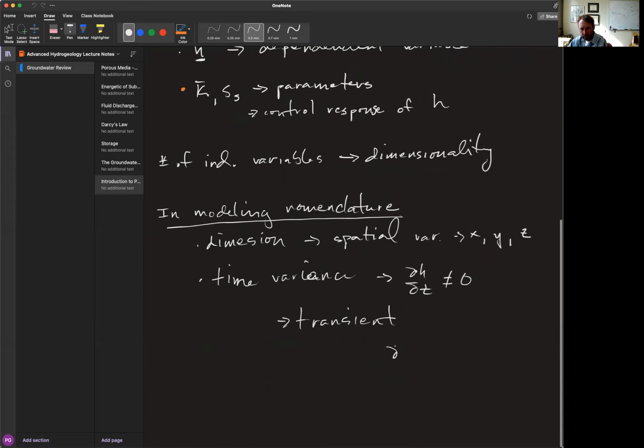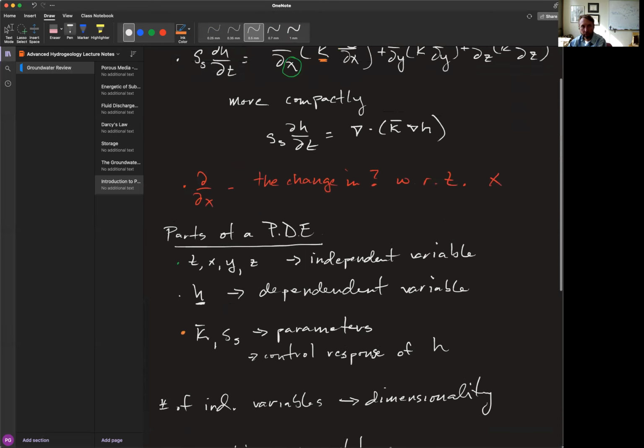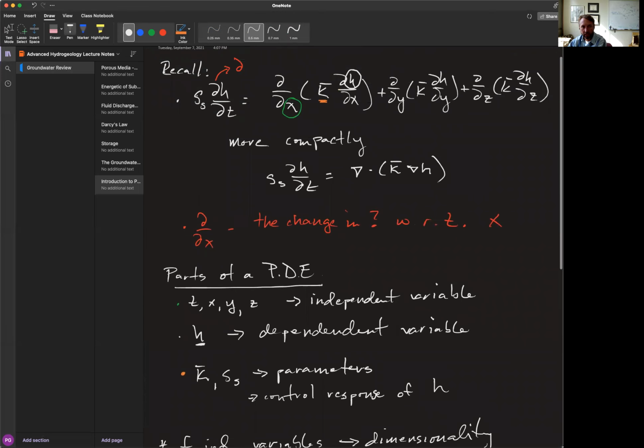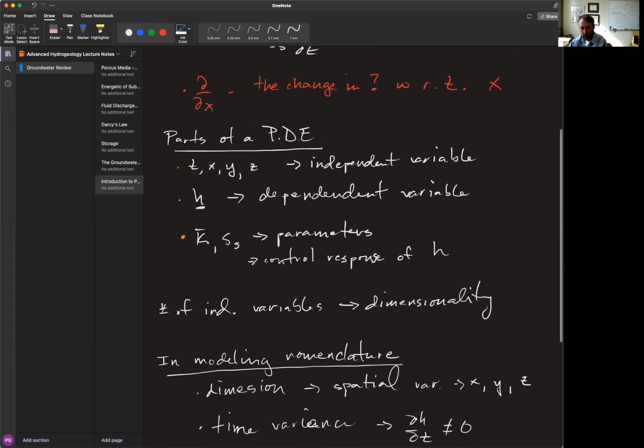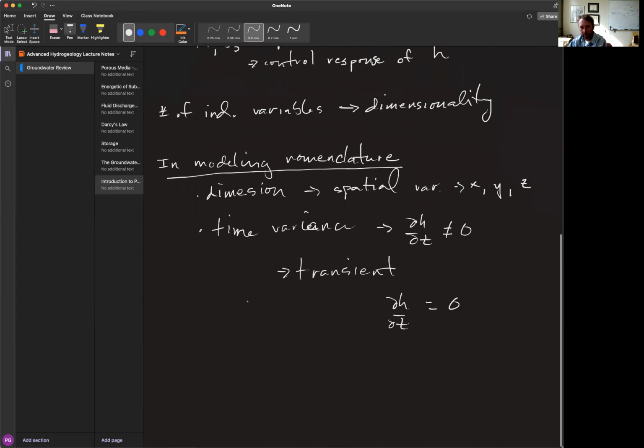If dH dt is equal to 0, so for example, if I wrote this left-hand side here as 0, I state that the change in head with time is equal to 0, then I imply a steady state.